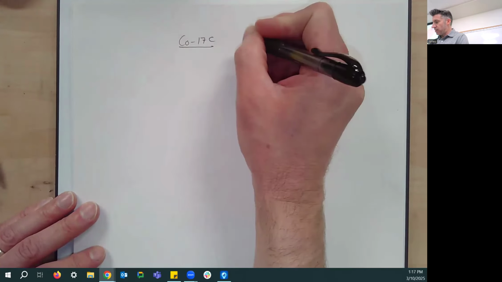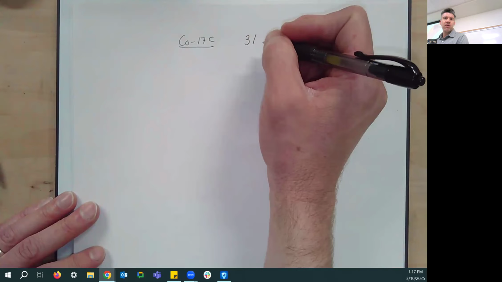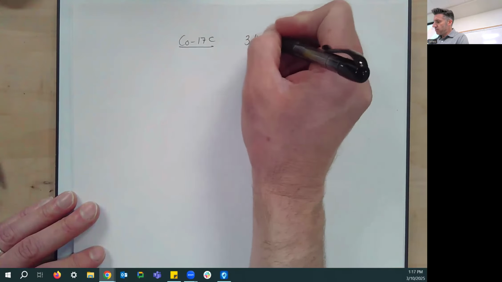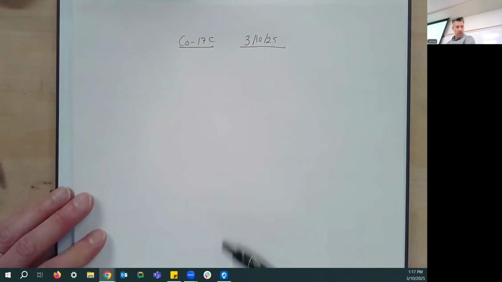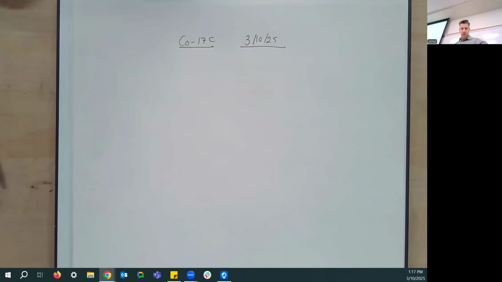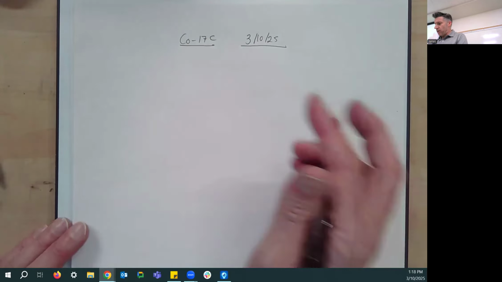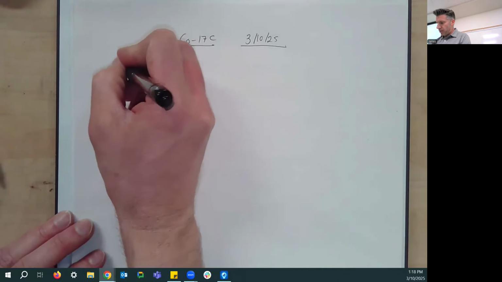So let's do that. We'll start off with this example though. So we'll talk a little bit about conditional probability.